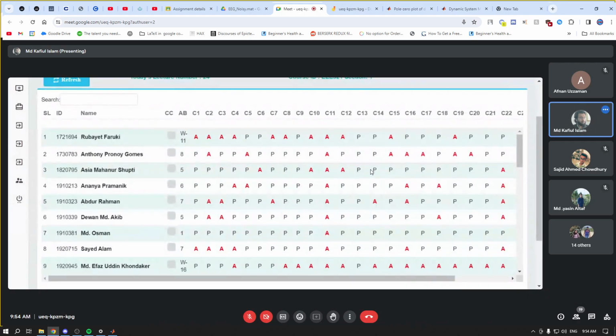Rubaiyat Faruqi, Anthony, Shruti, Ananna, Abdul Rahman, Akib, Osman, yes, sir. Sahid Alam, present, sir.